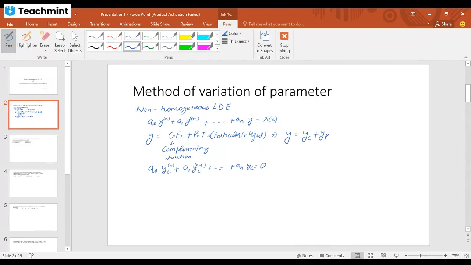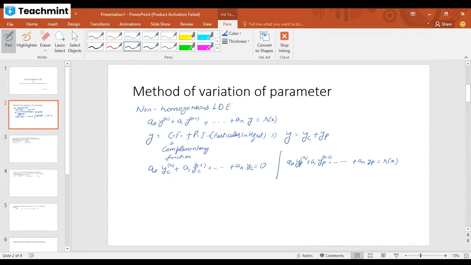So yc is basically the solution of the homogeneous part of a differential equation, and yp is a solution of the non-homogeneous part of a differential equation: a naught yp nth order derivative plus a1 yp (n minus 1)th order derivative plus so on a n yp equal to r(x).